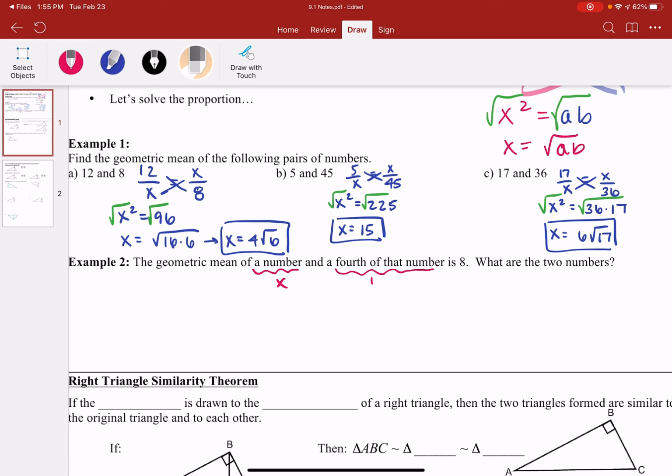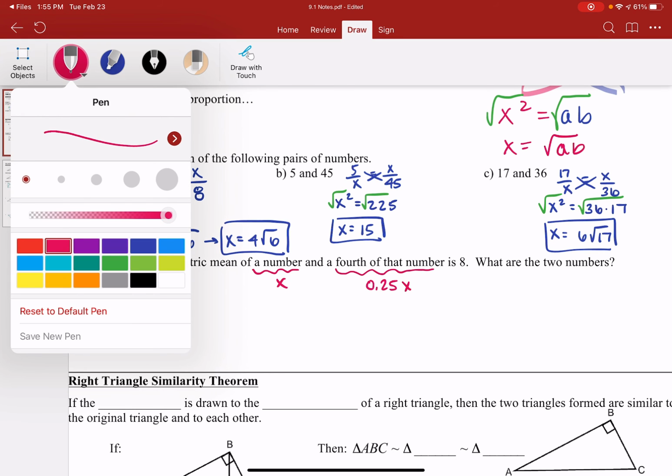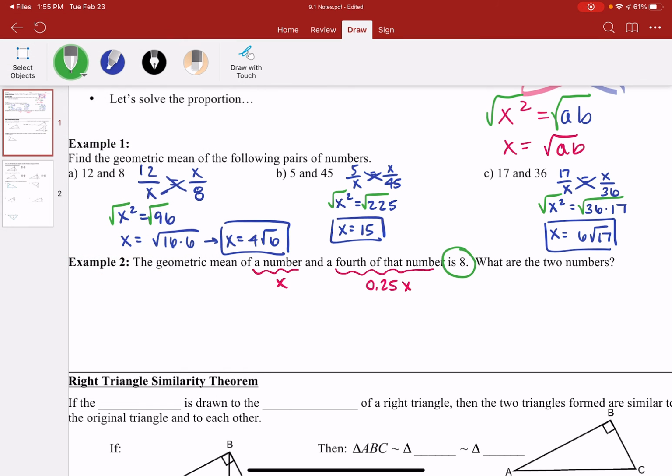My assumption is that we'll probably prefer a decimal, so I'll change that into 0.25x. That's a fourth of x. And its geometric mean is 8. So we want to put our x and our 0.25x diagonal, and then the geometric mean is 8, so 8 and 8 will also be diagonal.